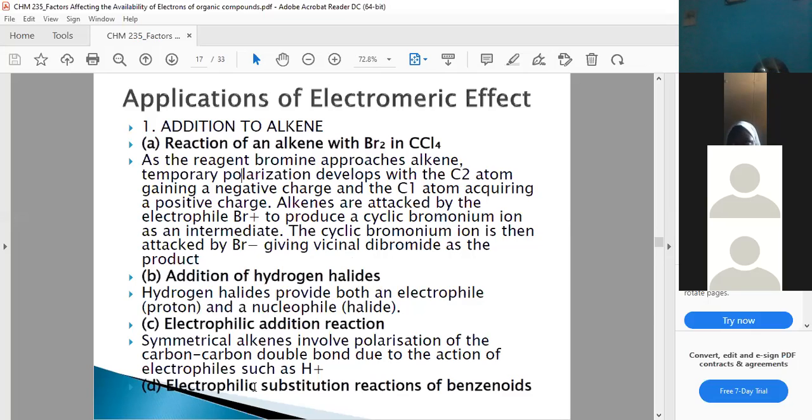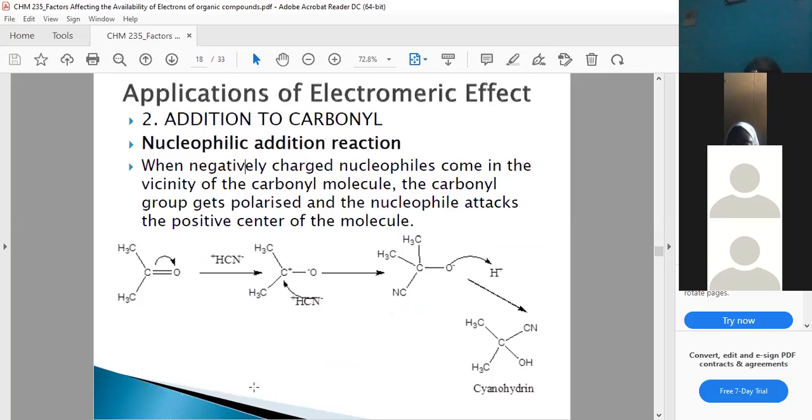Another application of electromeric effect is addition to the carbonyl functional group. As you have in this case, this is a carbonyl. Carbon-oxygen double bond is what we call the carbonyl functional group. So when you have an addition reaction to this species, it's also made possible by electromeric effect.